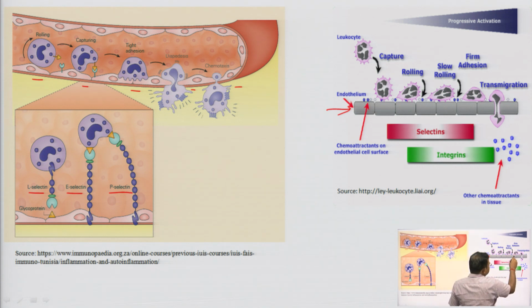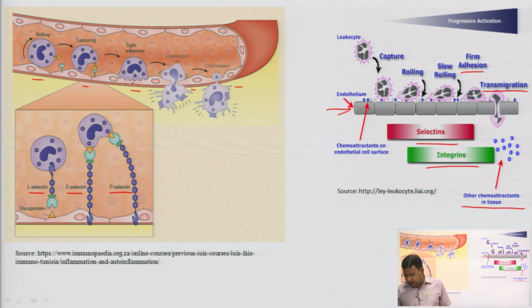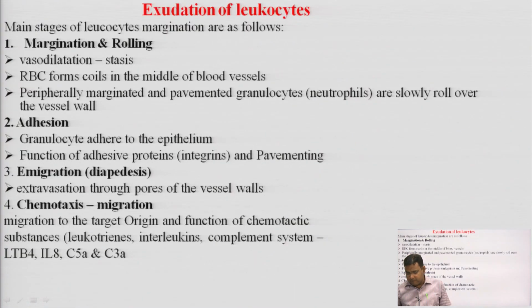This forms adhesion with the endothelium. Then transmigration through the gaps in the endothelium. This is the gap, and these are the things which will help in this process: selectins and integrins. Then other chemoattractants in the tissues. So, these all things will help to come out through the endothelium gaps.